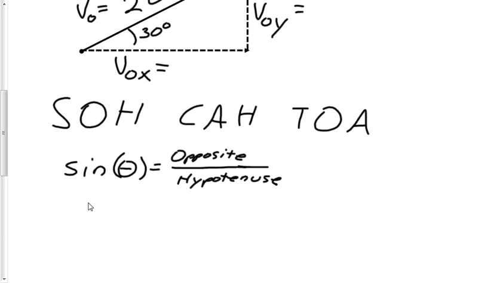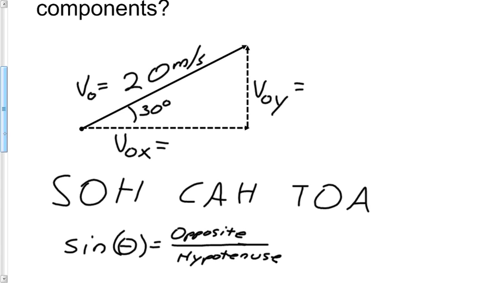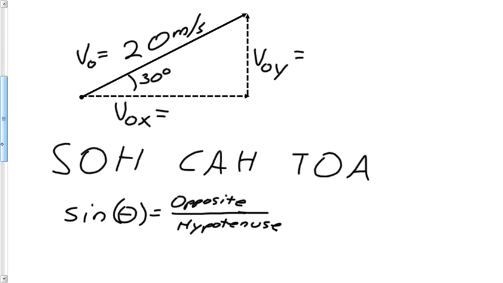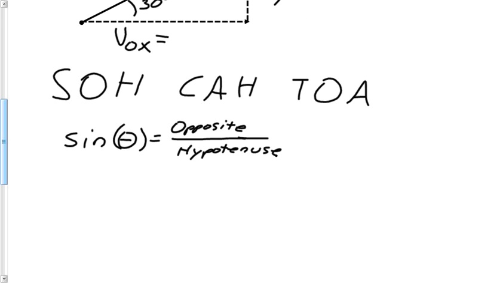All right, so if I want to find the opposite side, and this is the opposite side here, right there, I want to solve for the opposite side. So I'm going to multiply each side here by the hypotenuse, and from here on out I'm just going to abbreviate by using the first letter.